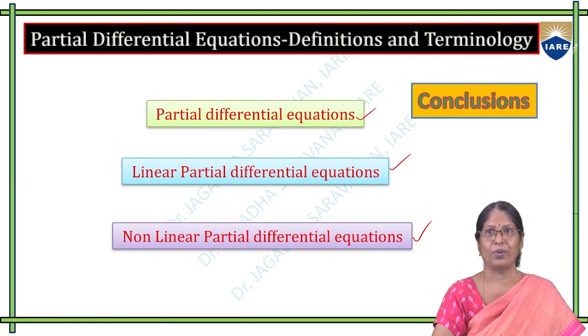Standard form 5, if x and y have the power, if they are equal to 1, not equal to 1, two cases arise. Standard form 5 is reduced to standard form 2. Then standard form 6, z will be having the power. In standard form 5 and 6, p and q will have the power strictly 1. If they have more, we have to modify the equations. This type of terminology is connected to define our standard forms.